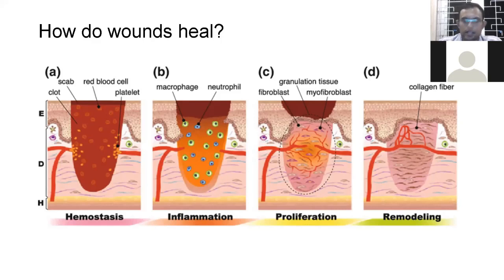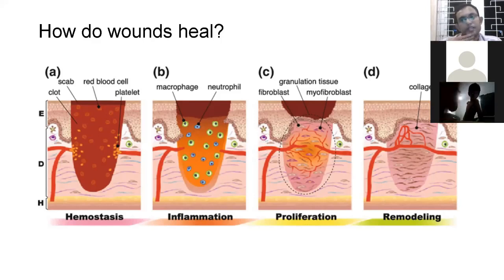The last time I spoke about 4 stages of healing: hemostasis, inflammation, proliferation, and remodeling. This should be bread and butter. When you're thinking of a wound, all these 4 stages should cross your mind.